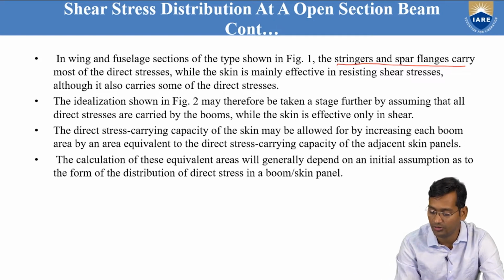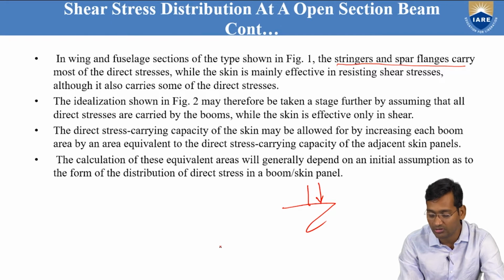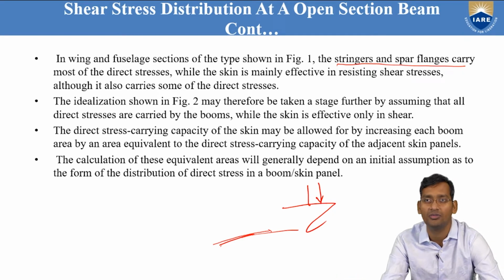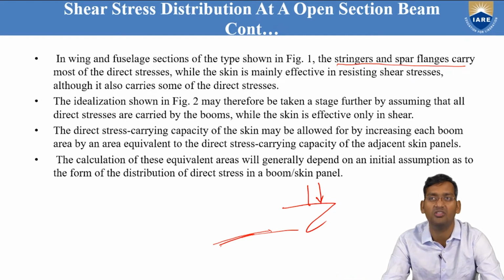Direct stress acts along the stringers, but over the skin, the load acts along the skin itself, which is why it is called shear. So the skin experiences shear stress, while the stringers and spars carry direct stress. The skin is mainly resisting shear stresses, although it also carries some direct stress.